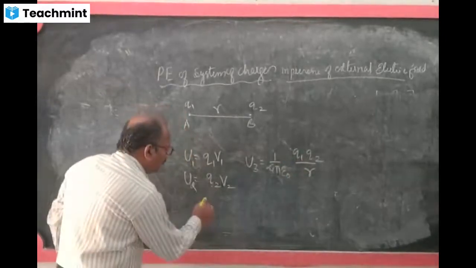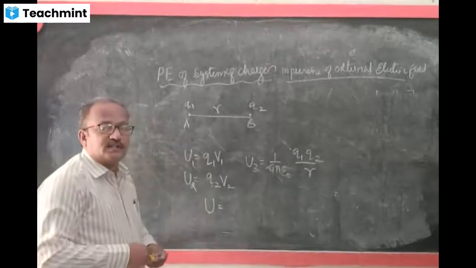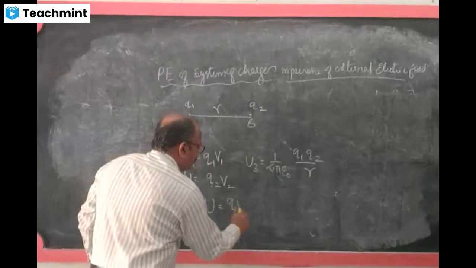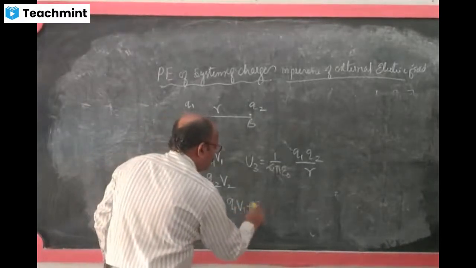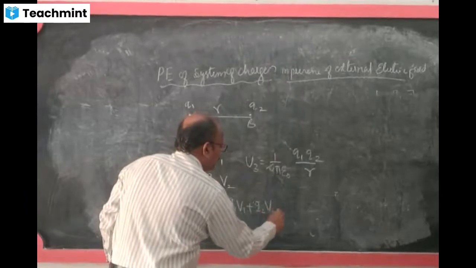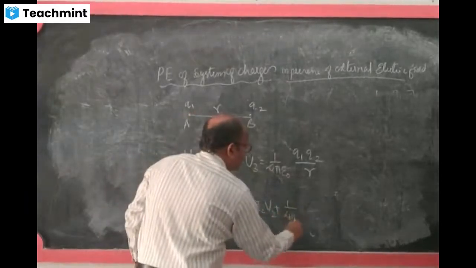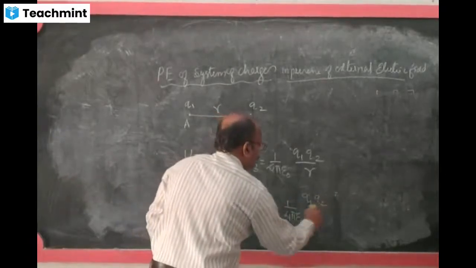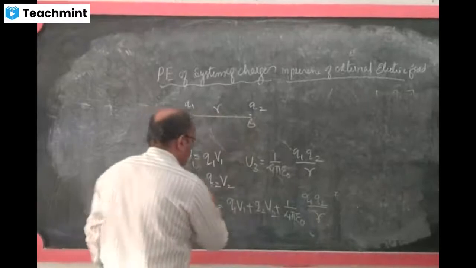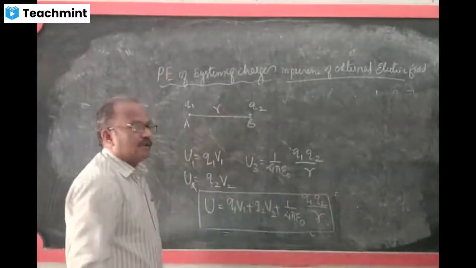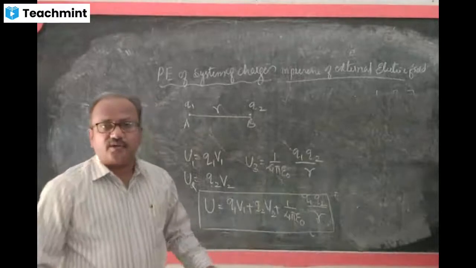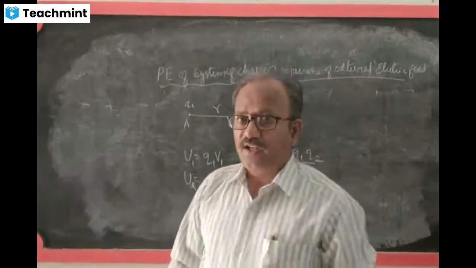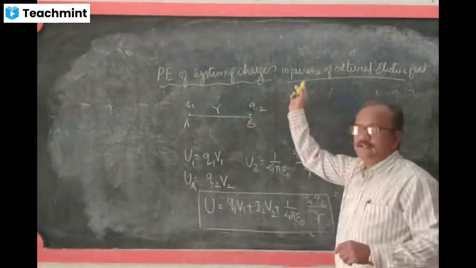Hence the total potential energy U is equal to the sum of all these: Q1 V1 plus Q2 V2 plus 1 divided by 4 pi epsilon naught Q1 Q2 by r. So this is the equation for potential energy for a system of two charges in the presence of an external electric field.